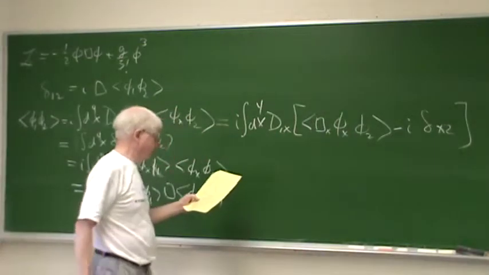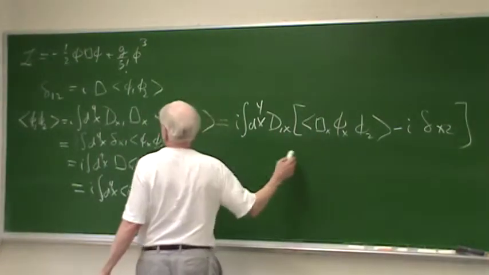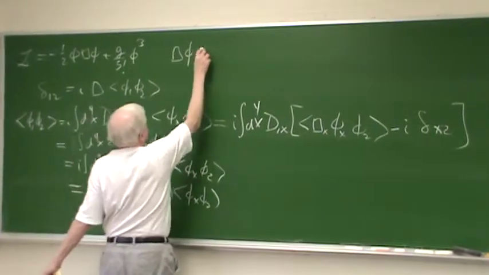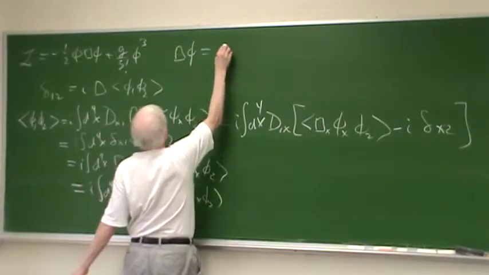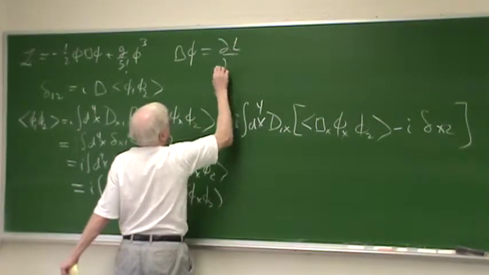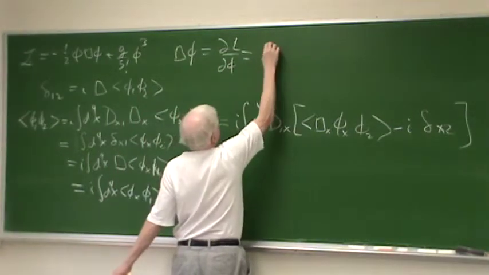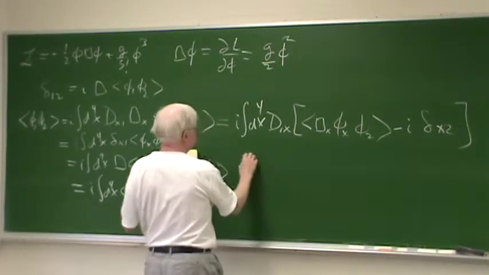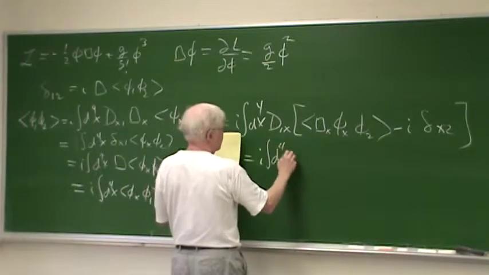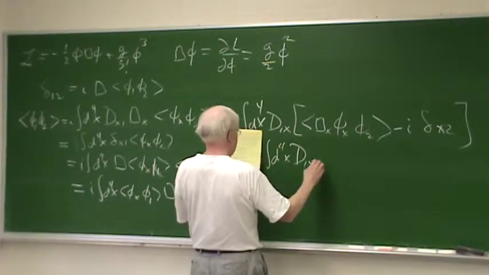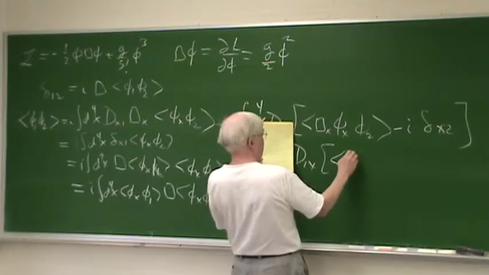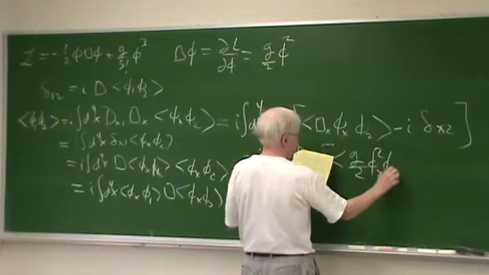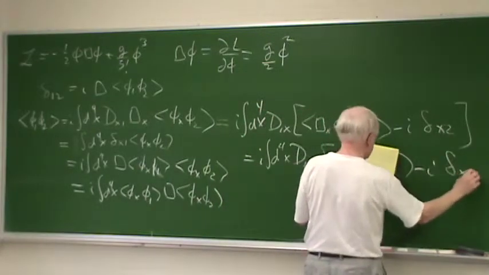So it looks like that. On the other hand, box_x, according to the field equations, box_x equals this, which is the partial of L, partial phi, which is g over 2 phi squared. And so this is equal to i integral d^4x Delta(1x) mean value in the vacuum of the time-ordered product of g over 2 phi(x) squared phi_2 minus i delta(x2).